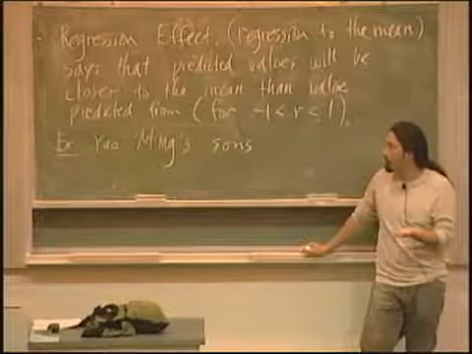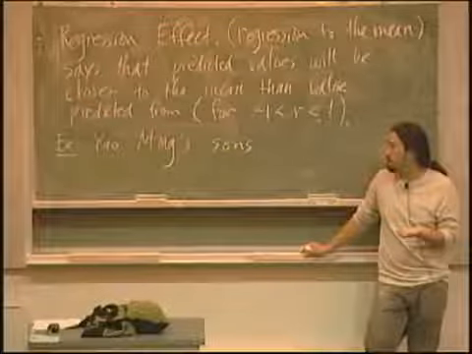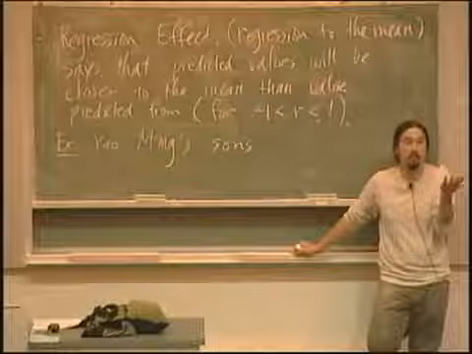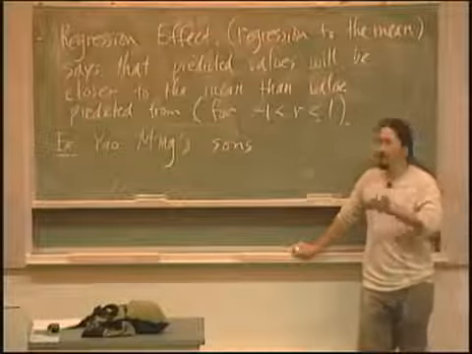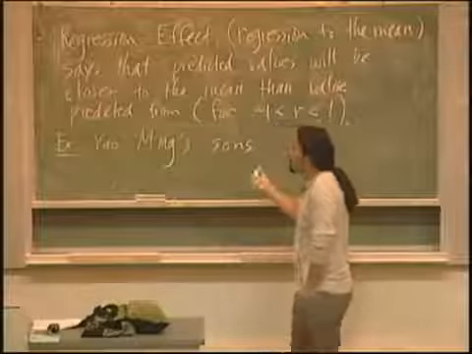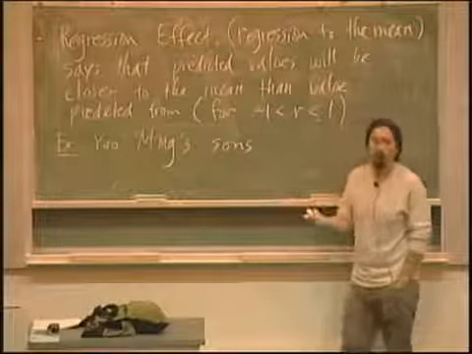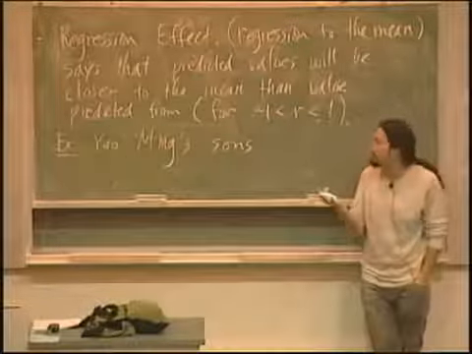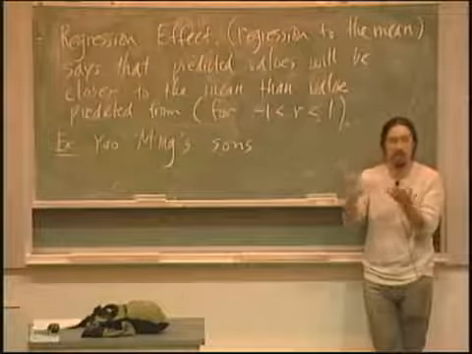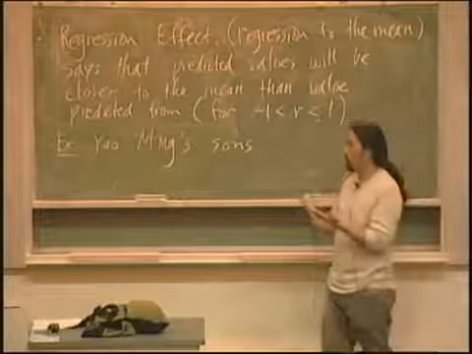If you had to guess, you'd guess that he'd marry someone tall, but maybe not very, very tall. In general, taller men on average marry taller women. There's some correlation there, but not necessarily as tall as them. That's another example of what's going on with the regression effect.